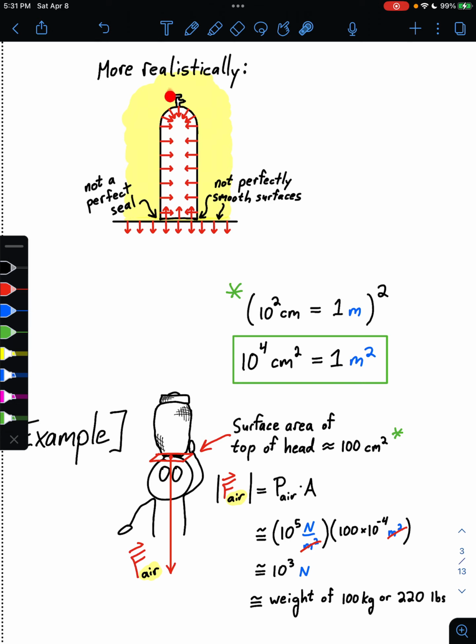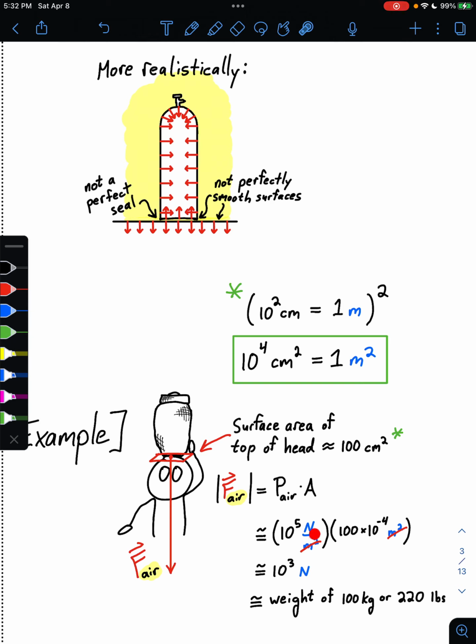That air is pushing down not just on the top of you, but it's also pushing up from all those underside parts of you as well. So this downwards force of air on you is balanced out by upwards forces of air on other underside parts of your body, canceling out for the most part, so we don't need to worry about it on a free body diagram.